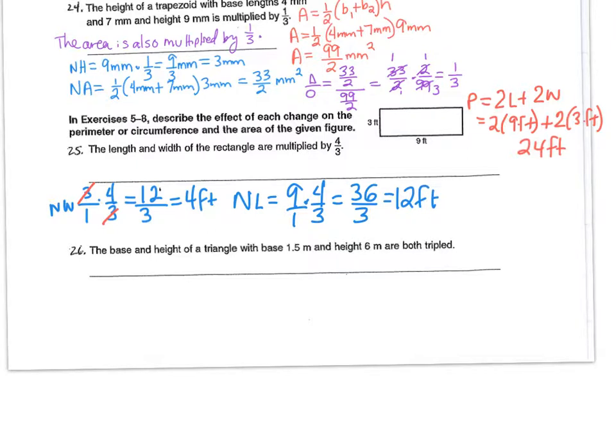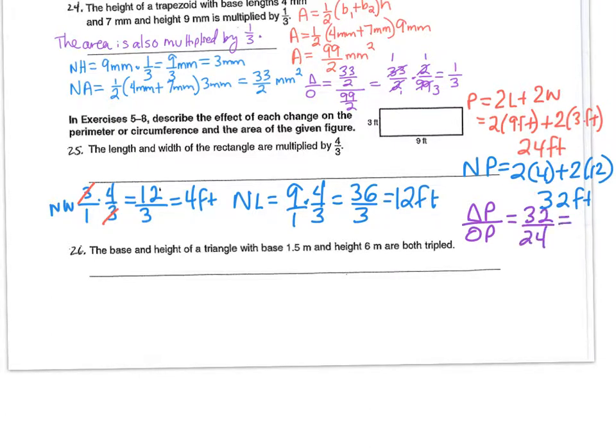So now let me get the new perimeter. The new perimeter would be 2 times 4 plus 2 times 12. And that would be 8 plus 24, which is 32. So this is 32 feet. So when I compare the change of the perimeter over the original perimeter, that was 32 divided by 24, and then I simplify, put it in the calculator, by 8, it's 4, by 8 is 3.